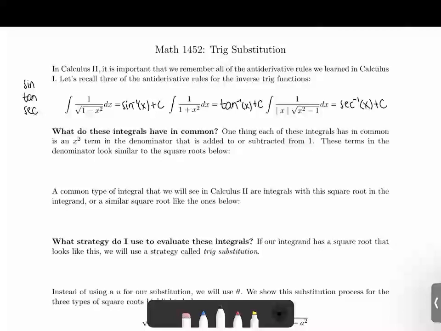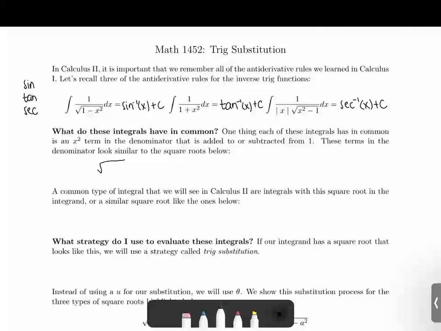One thing all three of these integrals have in common is that denominator term having a 1 and an x squared, combined in a certain way. We're going to see integrals that look similar to this, with denominators that look similar to these three square roots.